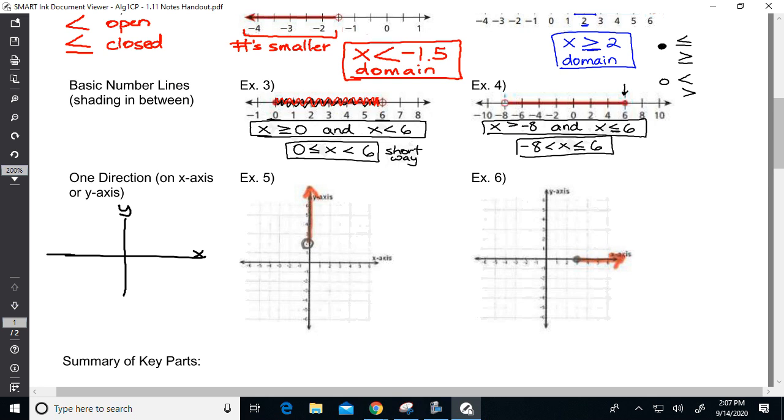Remember, on the x-axis, to the right are all your positive numbers. To the left, all your negative numbers. On the y-axis, up above are all your positives, and below are your negatives. So which sign you use depends on which way the graph is pointing.